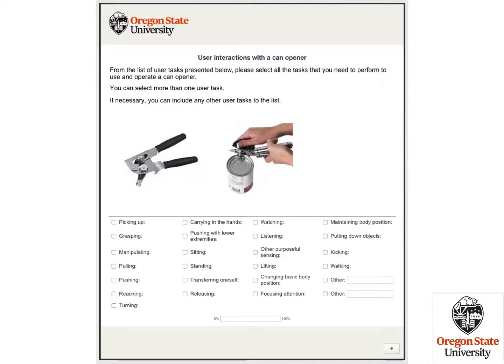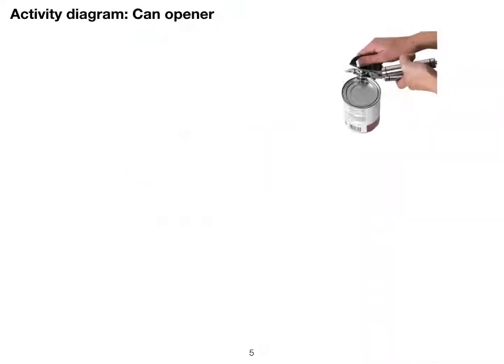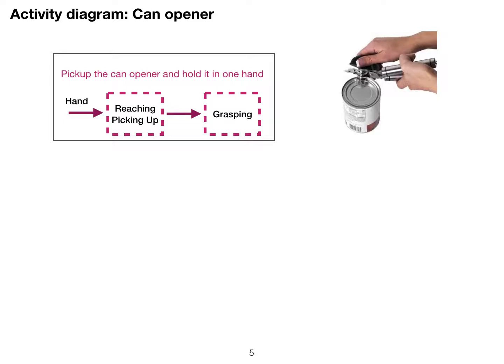Before answering this question, I will start by considering and understanding how a can opener works. To do so, I will try to present an activity diagram of how the can opener works. So first, of course, you need to start with the can opener itself. Using your hand, you need to reach and pick up the can opener. You need to grasp it.